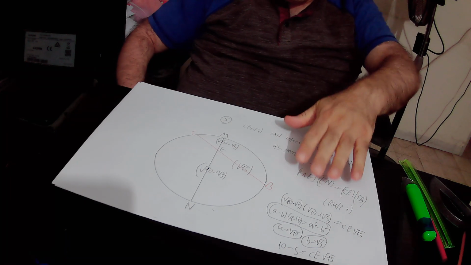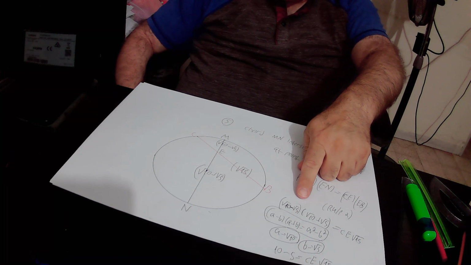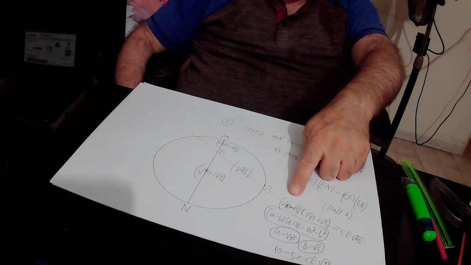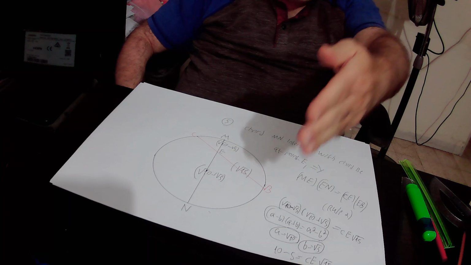Here A equals square root of 10, so A squared is 10, and B equals square root of 5, so B squared is 5. Therefore A squared minus B squared equals 10 minus 5.